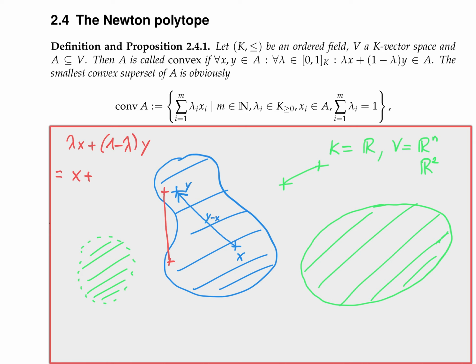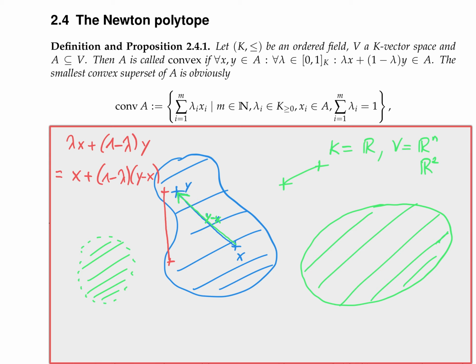This would be the vector y minus x, the green vector here. So it should be x plus lambda times y minus x. Is that right? Oh, maybe 1 minus lambda, that's as good. 1 minus lambda times y minus x, right?